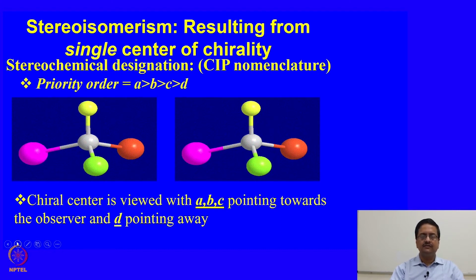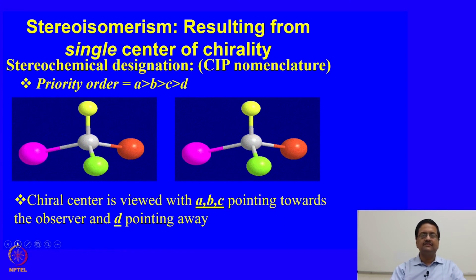If you remember our rules of IUPAC nomenclature, we had to prioritize groups, give them numbers based on priority, and then based on those numbers, identify a molecule and write the IUPAC name of a compound.